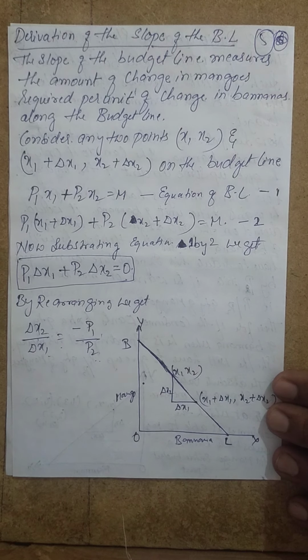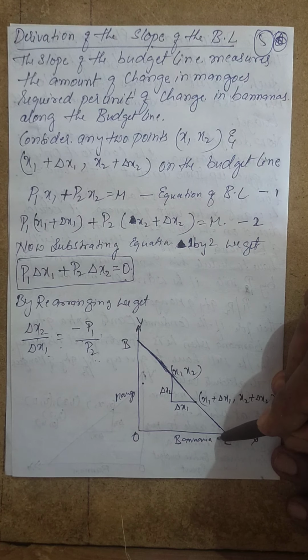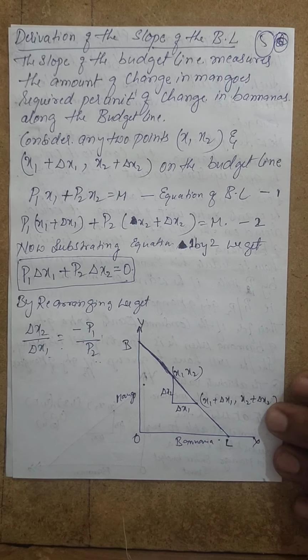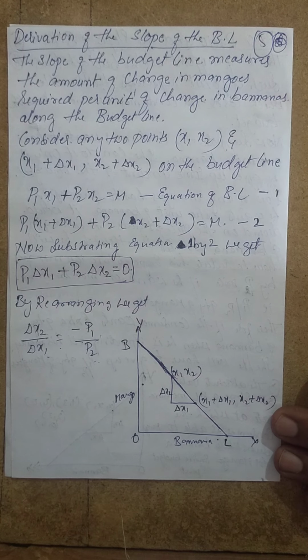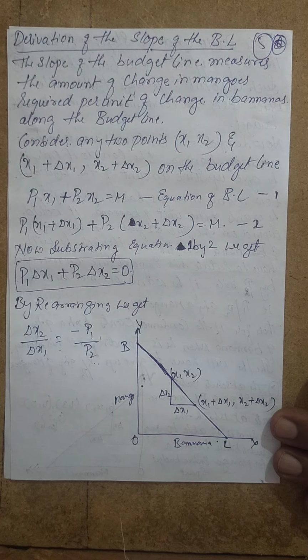Here you have two goods, x1 which is banana, and x2 which is mango. Based on that, how does the purchase take place with respect to the budget, the income earned by the consumer? Certain things we are going to discuss in this slope of the budget line.